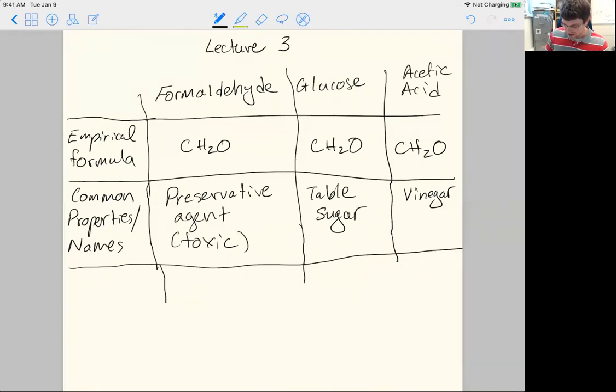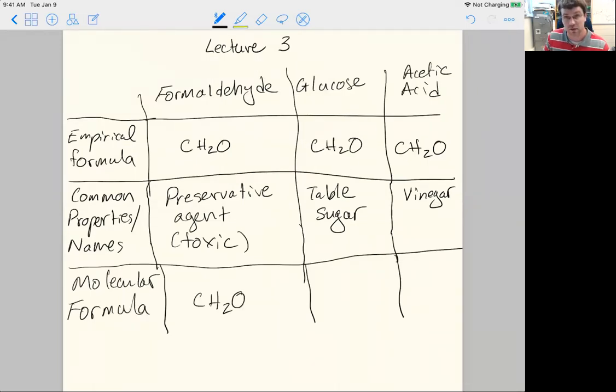So we can get some insights into why these things have such different properties by looking at their molecular formula. The molecular formula of formaldehyde, we said last time, was identical to its empirical formula, CH2O. Glucose has a few more carbons, but it maintains the same ratio of oxygens and hydrogens, CH2O, to give us a total molecular formula of C6H12O6.